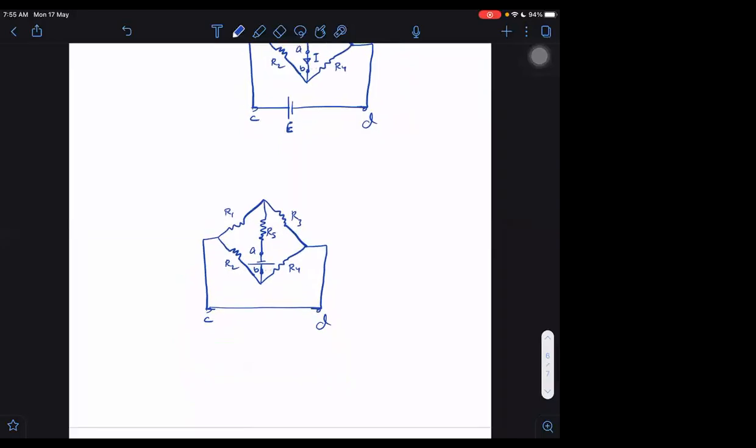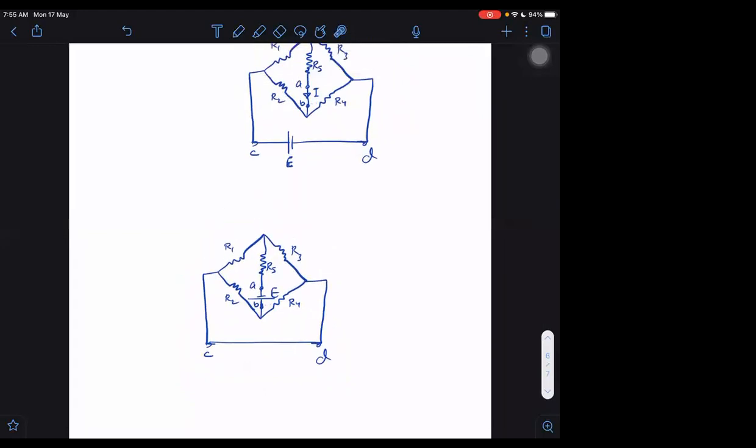If I keep the battery here, then the same current will flow. What will be the direction of current? That depends on how you are keeping the battery. Here the current was going downwards, and I am pointing the positive part of the battery downwards, keeping it in the same direction.